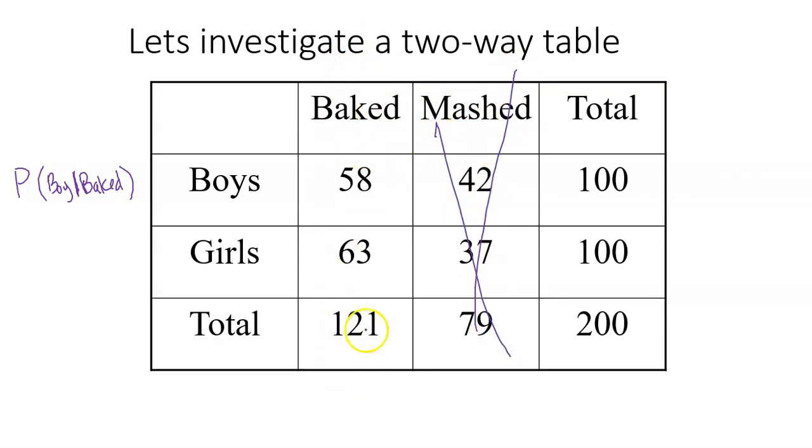We're just looking at the column for baked. The total possible outcomes, if we already know they like baked, would be 121 because 121 people preferred baked. How many of those 121 are boys? 58. So the probability that they are a boy, given that they preferred baked, is 58 out of 121, which is 47.9%.